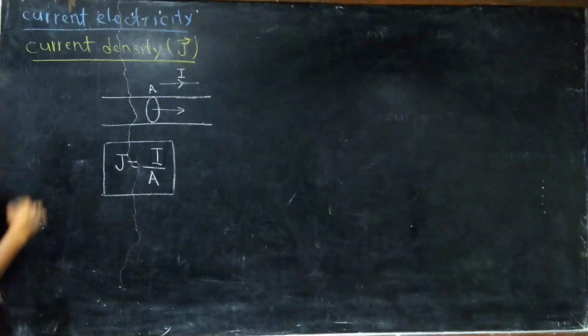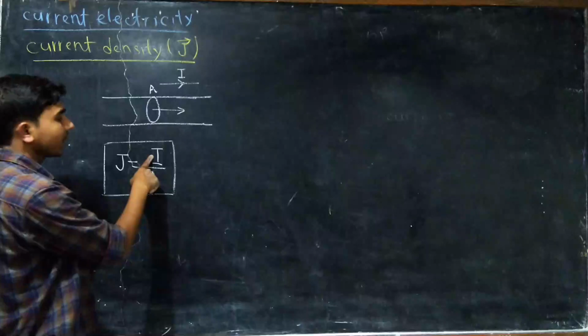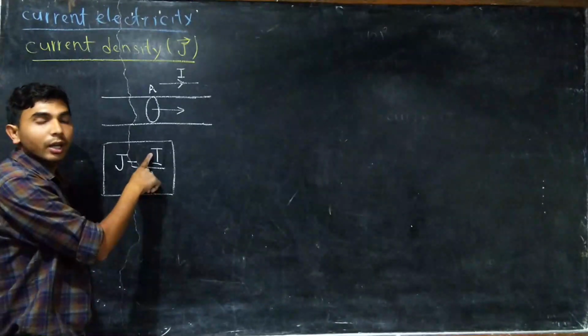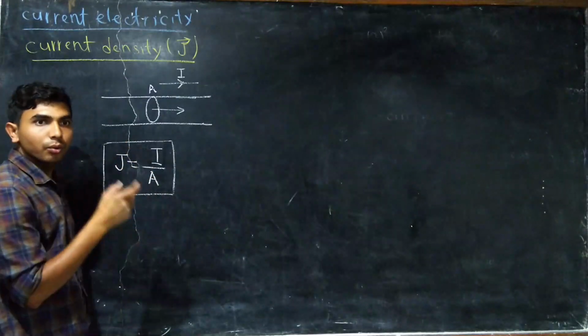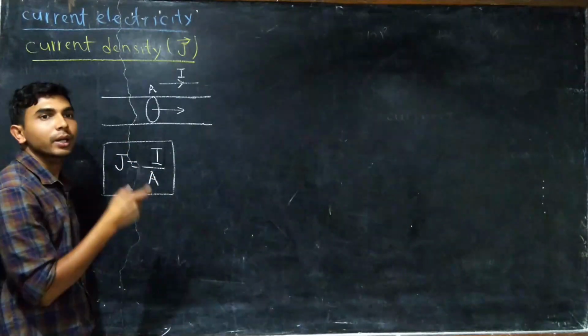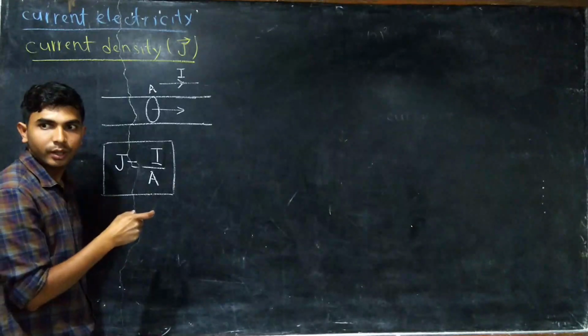Basically, the amount of current passing perpendicularly through a cross section area per unit area is known as current density.